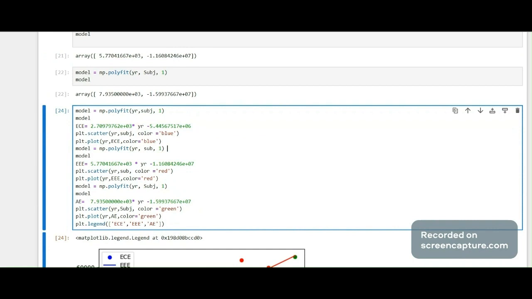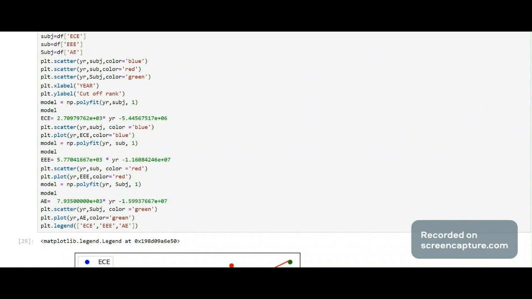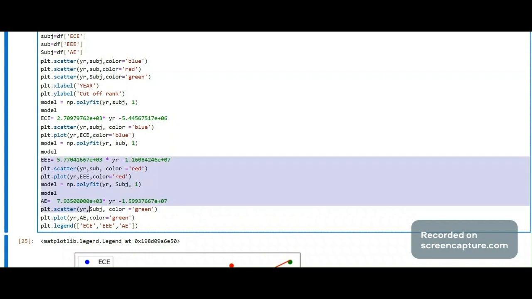And here we use a scatter plot to plot the obtained lines in a 2D graph. The same steps as above should be followed for all the remaining branches, that is EEE and AE, as shown here.